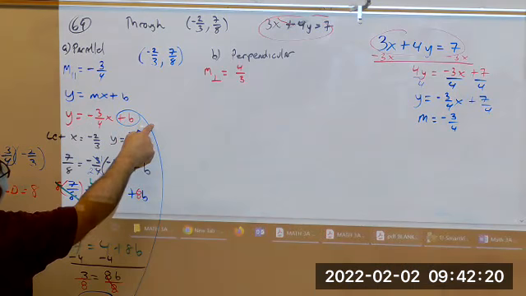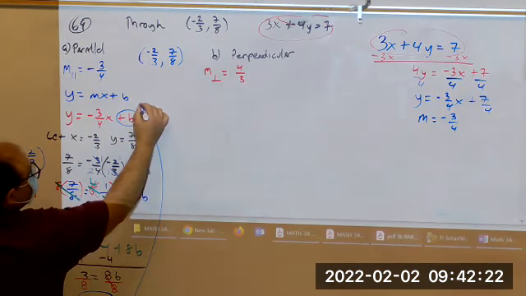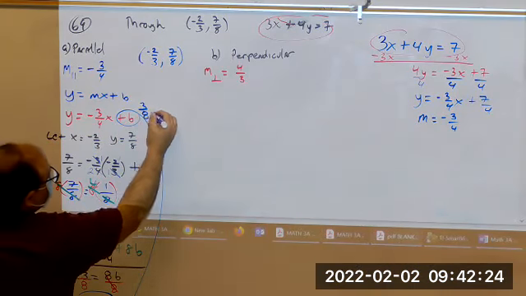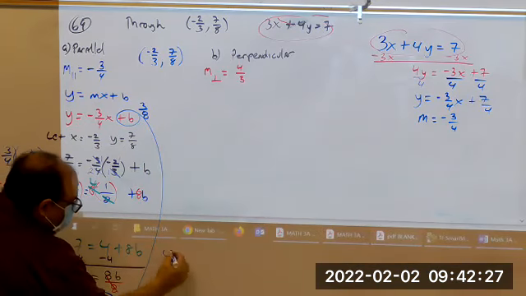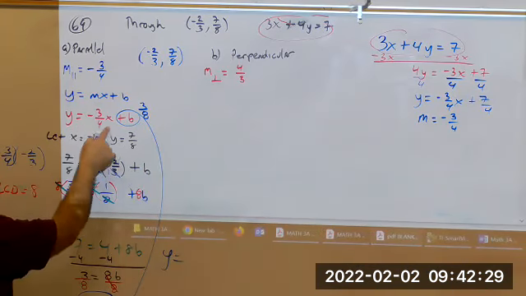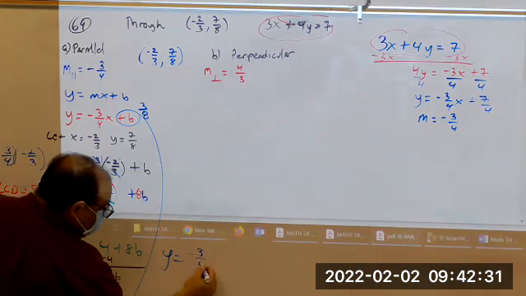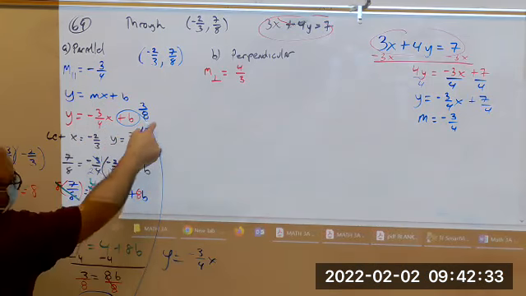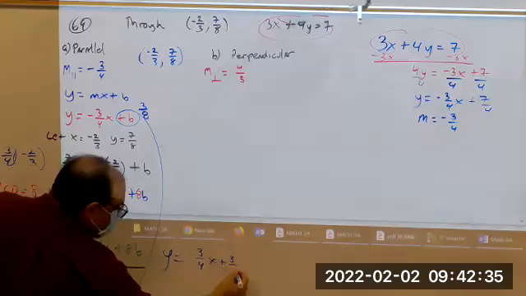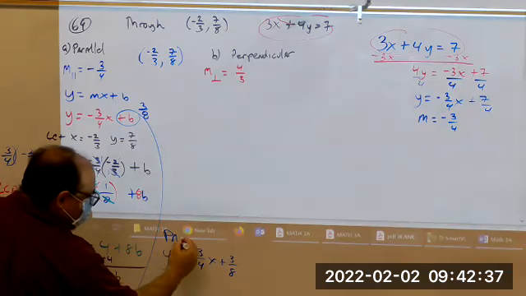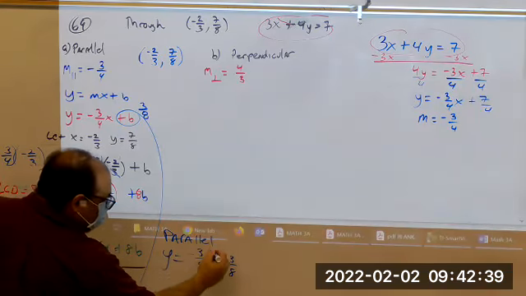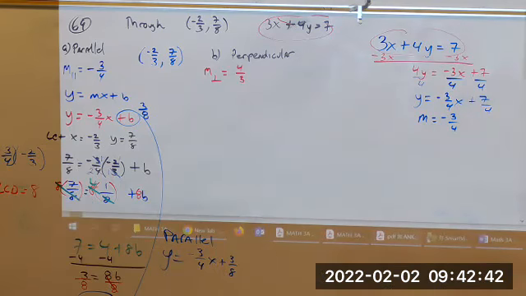So for the parallel line, the equation is going to be y equals negative 3 over 4x plus 3/8. That's the parallel. And then do the same thing again for the perpendicular.